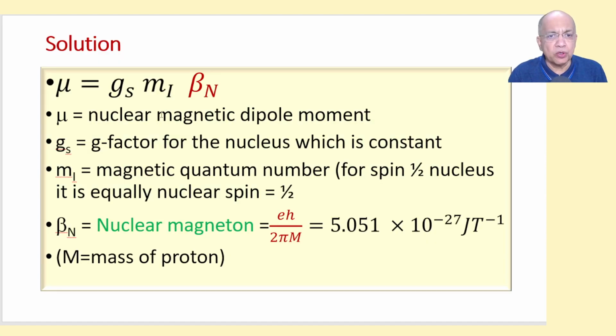Now, let me remind you from the very basic concepts of NMR that for a magnetic nucleus, which has a non-zero spin number I, the magnetic dipole moment is given by this basic equation. You must remember.